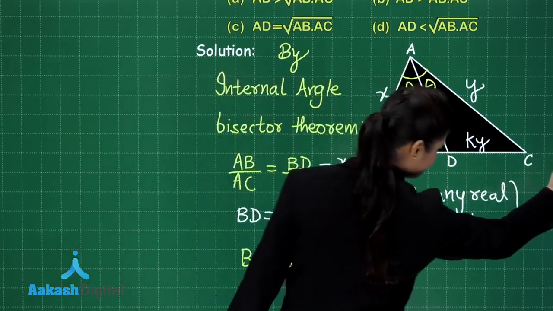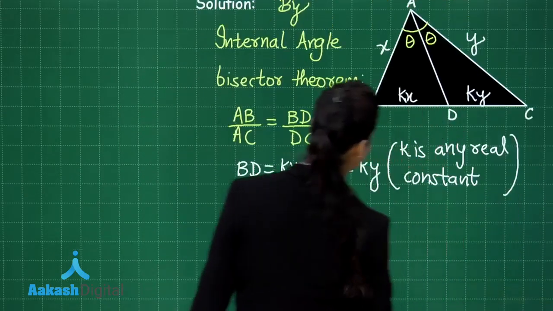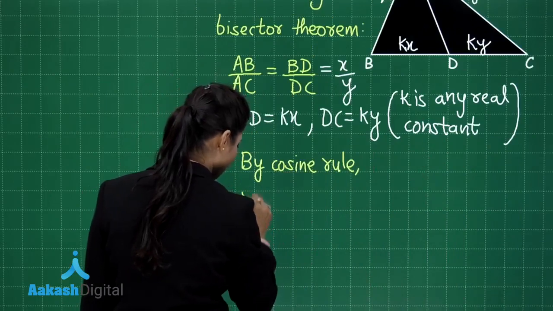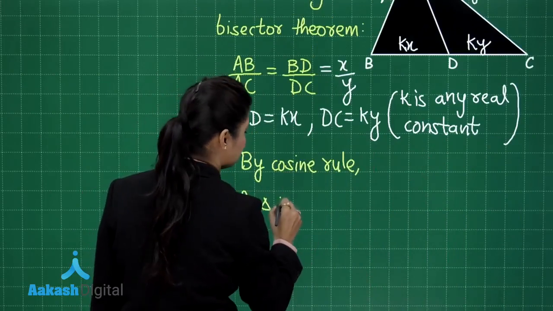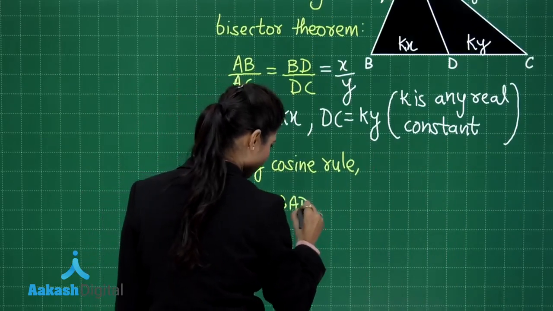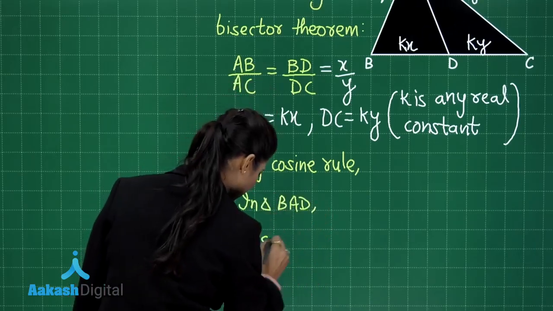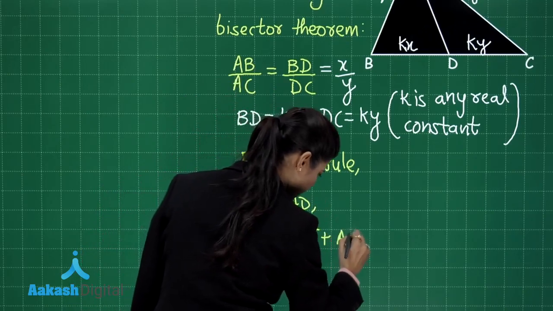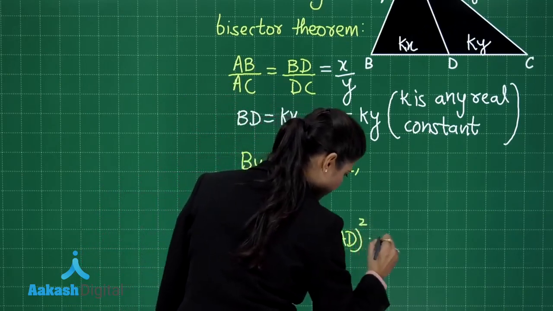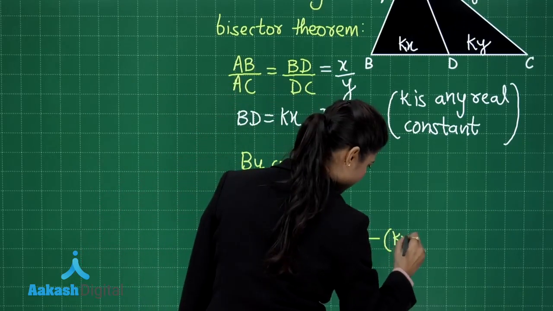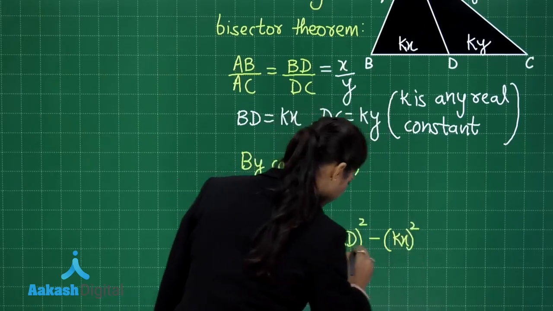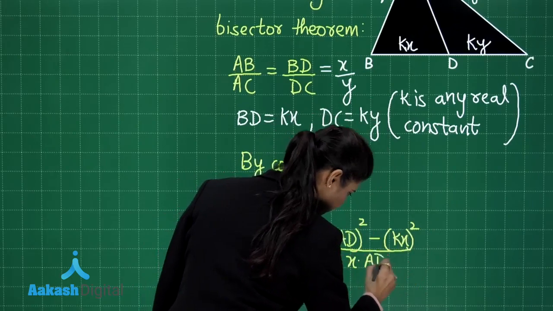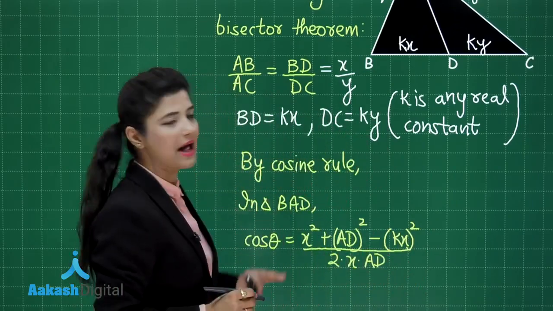So if I consider triangle BAD, I get cos theta equal to (x² + AD² − (kx)²)/(2x·AD). So this is applied in triangle BAD.